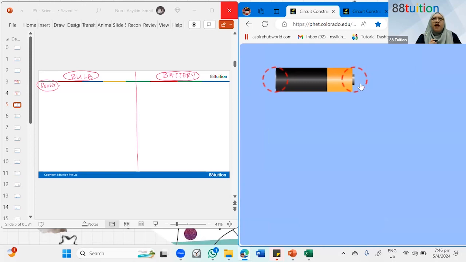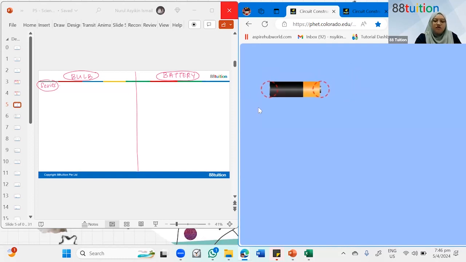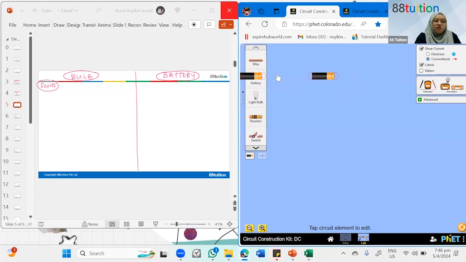If you cannot remember the word terminal, then you just say the positive end, END, positive end. So this is the positive end of the battery. This is the negative end of the battery. So when you arrange two or more batteries together, make sure you arrange the unlike ends together. So positive connected to negative. If there's another one in front, it will be positive connected to negative also. The way you arrange the batteries matters.